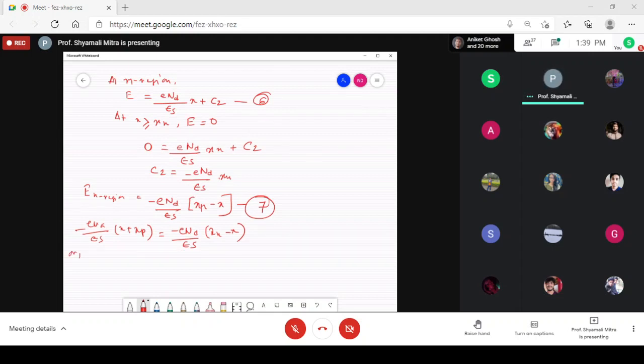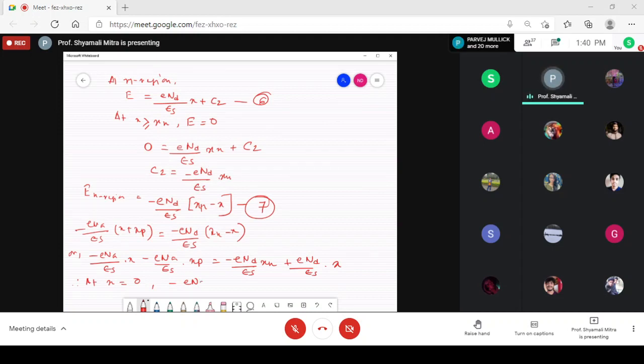If we simplify this a bit, minus qN_A over epsilon_s times x_p is equal to minus qN_D by epsilon_s times x_n, at x equals 0. Therefore, at x equals 0, just put x equal to 0 throughout this equation.